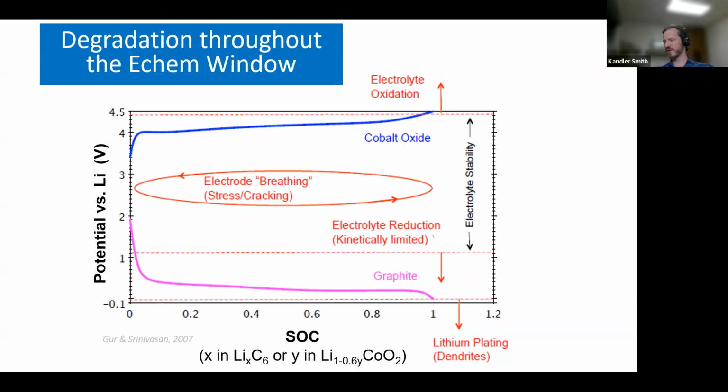Let's see, you can always get more information from the cell if you've got a reference electrode in it. Then you can measure the individual changes of the negative electrode versus the positive electrode and see how things are slipping. We can estimate that presently with a really slow discharge and charge on a once per month capacity checkup. We call those reference performance tests.